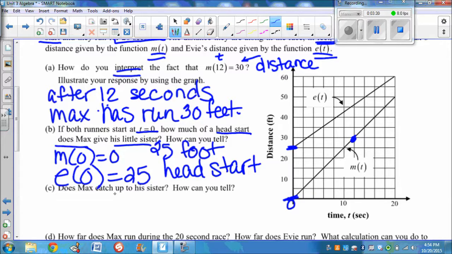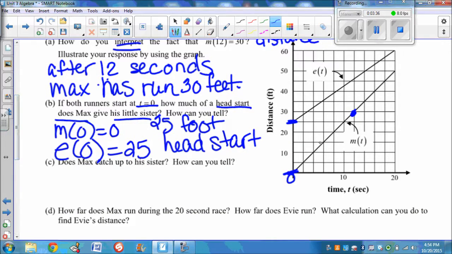Does Max catch up to his sister? How can you tell? So when I look at this graph, here's Max's travel and here's Evie's travel, and they only run for 20 seconds, it said back up in the problem. So does Max catch his sister?